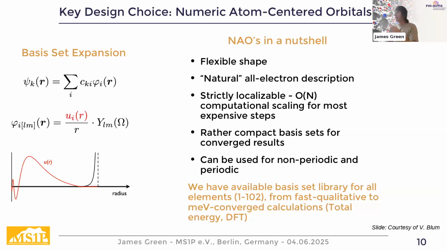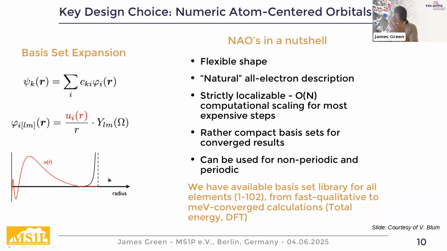So in FHI-aims, instead, the choice is numeric atom-centered orbitals. And this is how they are represented in terms of a spherical harmonic Y_lm plus this u(r), which is a numerically tabulated radial function. So this numerically tabulated bit is where this name NAO comes from.